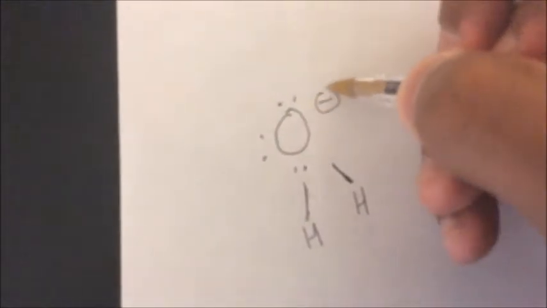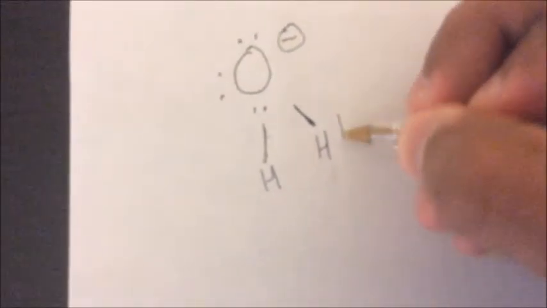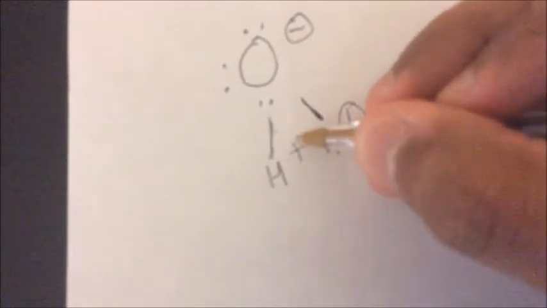And this is a particular case because oxygen has a somewhat larger electronegativity than hydrogen. Not enough that it would form an ionic bond, but enough that it would pull the electrons to its side for most of the time. So that would make this a polar covalent bond, making the oxygen partially negative, and the hydrogens partially positive.